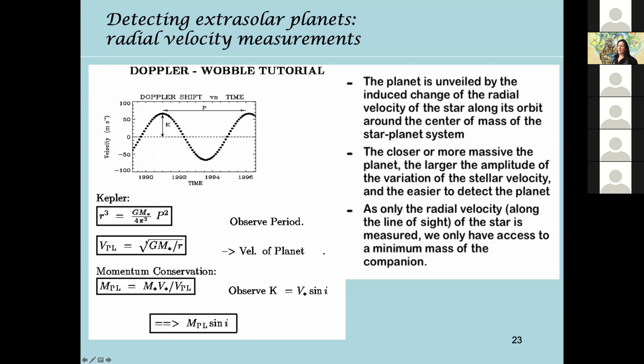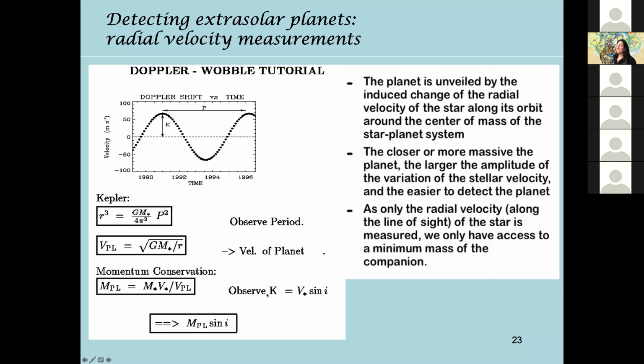Then you have the Keplerian velocity. And to solve this set of equations, you have to remember conservation of momentum. So the product between the mass of the star and the velocity of the star must be the same as the product of the mass of the planet times the velocity of the planet. So you have all these equations, then you observe this K here, the amplitude of the shift.